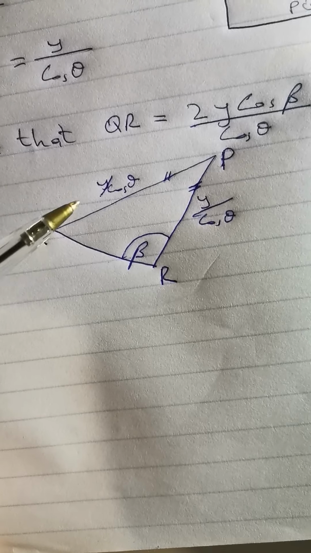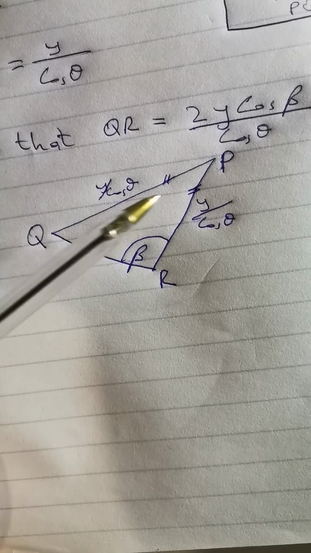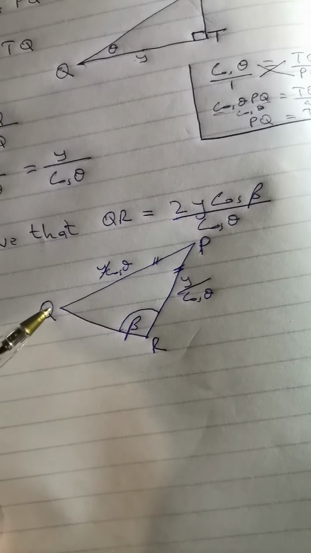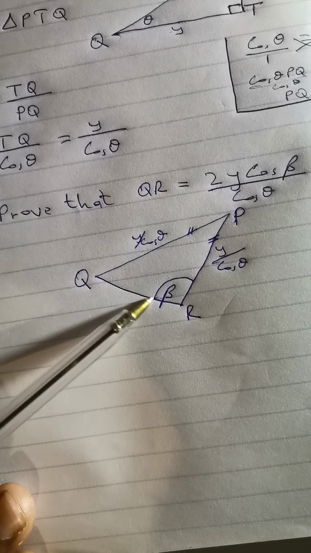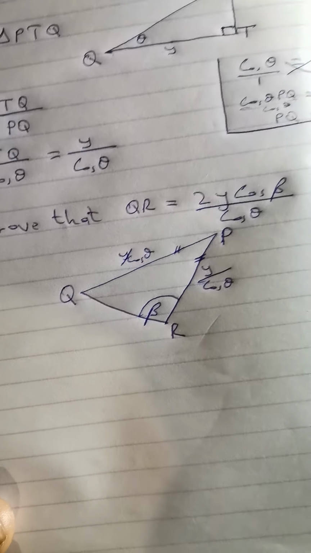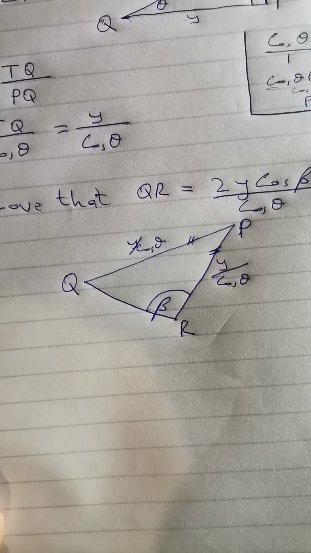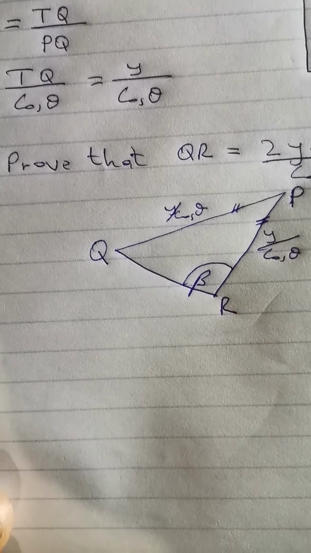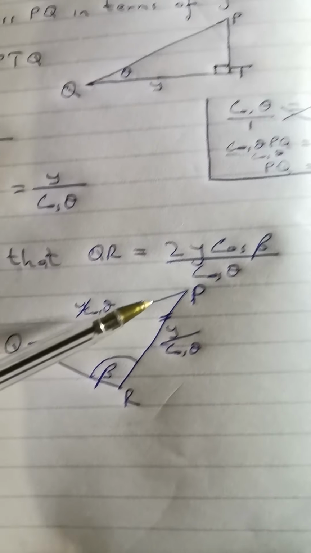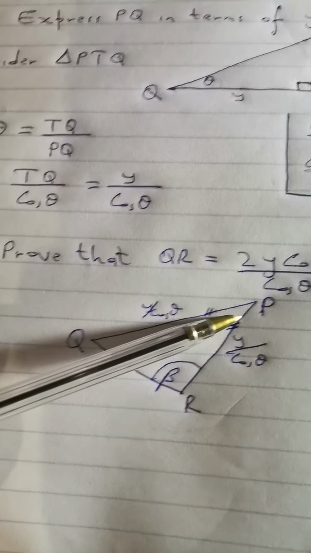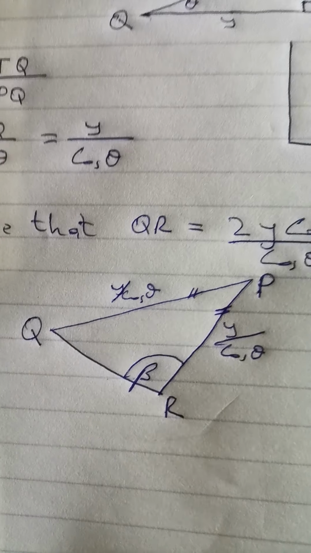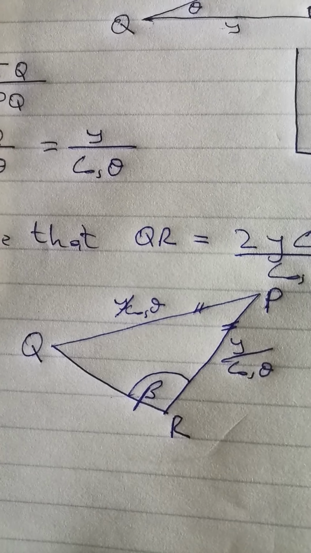Whenever you are given only two lines that enclose an angle that you are also given, and they're asking you for the line that's opposite the angle that you are given, cosine rule is the most likely method to use there. And when you have a pair of a line and an angle, and you have a way of finding an angle, and you are looking for the line that's opposite to that angle that you can find, then sine rule will be the easiest way to use.